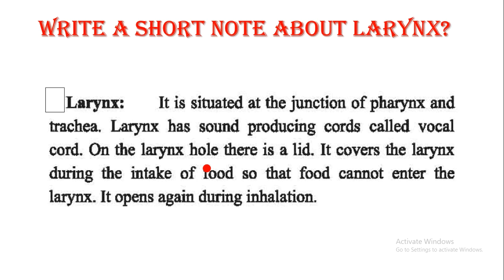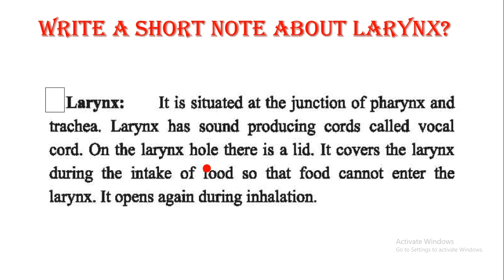Larynx has sound producing cords called vocal cords. On the larynx hole there is a lid. It covers the larynx during the intake of food so that food cannot enter the larynx. It opens again during inhalation.